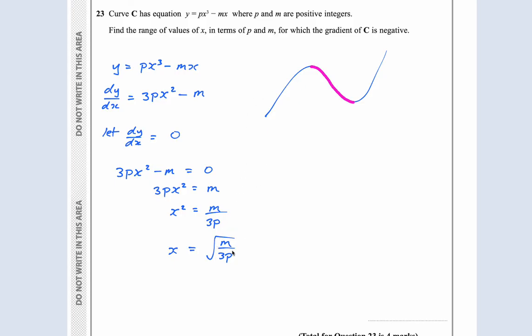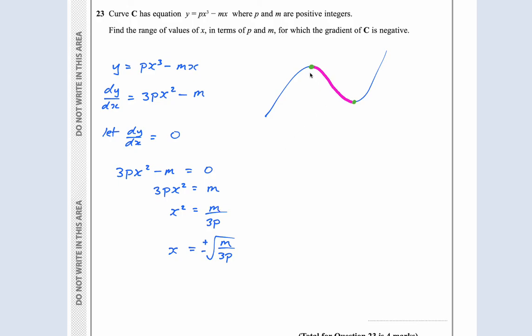But we know the gradient is 0 in two places. It's 0 here, and it's 0 here. So I need two answers. What are my two answers? Well, my two answers are the plus and the minus, because remember, the square root can be positive or negative.